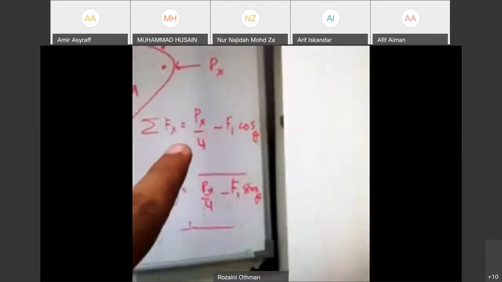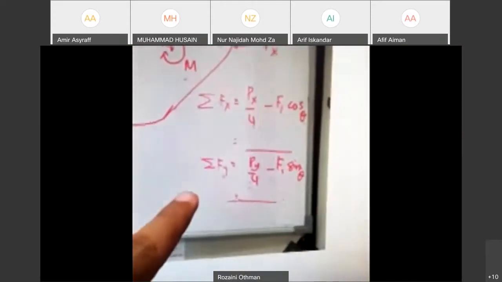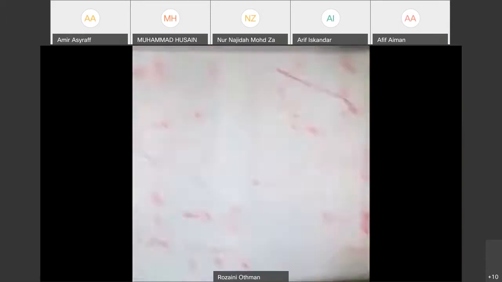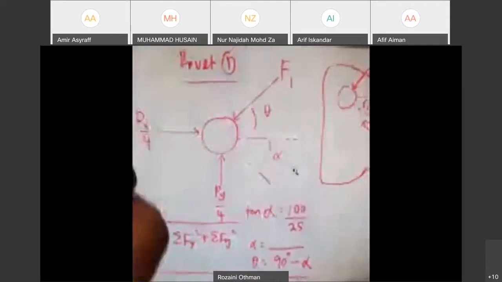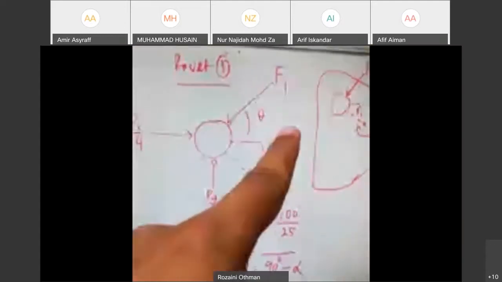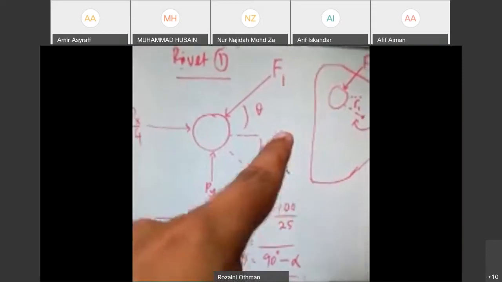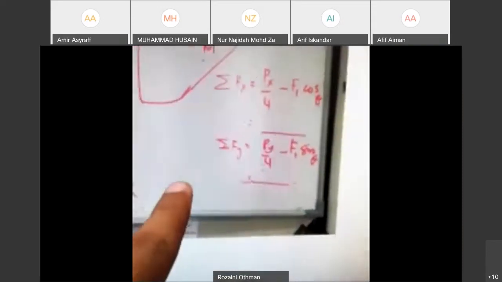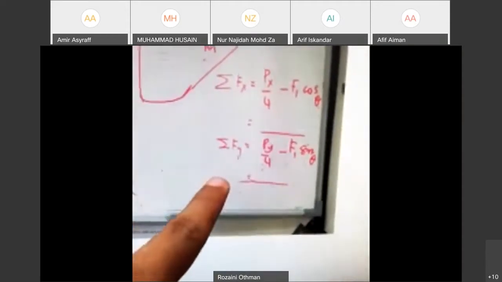And then you will get the summation of force in x, and also the summation in y. In y we have Py over 4 upward, so it's positive, and F1 sin theta is downward, so it's negative. So we get the summation of forces in y.